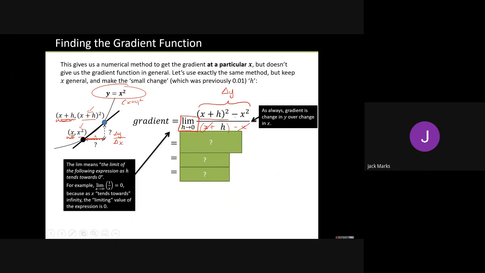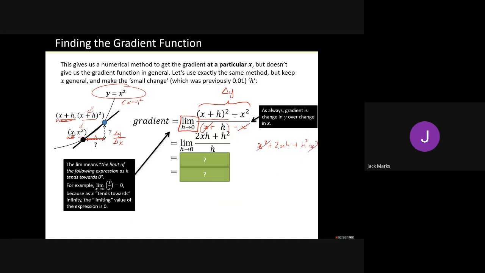So what happens here if we keep working with this? So x plus h squared, you could expand that, and maybe you could clean things up a little bit. Well, if you do x plus h squared, you'll get x squared plus 2xh plus h squared, and then there's a minus x squared at the end.